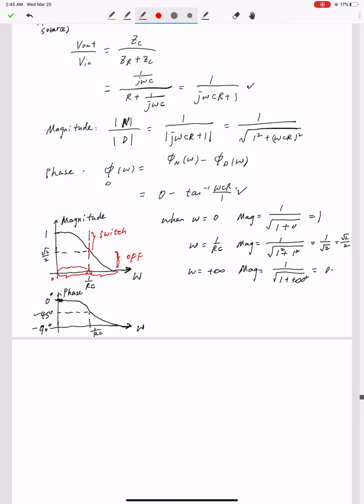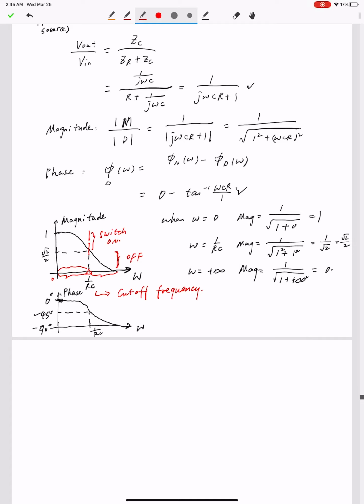Before that, the switch is on because the magnitude is high. That's the mechanism of the low-pass filter. We call this 1 over RC the cutoff frequency. The cutoff frequency describes the characteristic of this low-pass filter, and you can use it to design different low-pass filters to fit different applications.